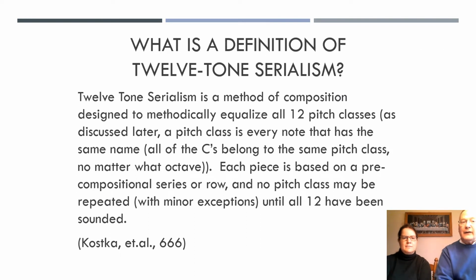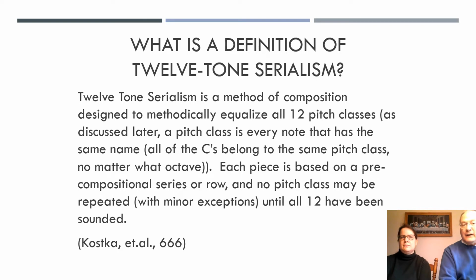So, what is the definition of 12-tone serialism? As you can see on the slide, 12-tone serialism is a method of composition designed to methodically equalize all 12 pitch classes. Just very briefly, a pitch class is every note that has the same name. For instance, all C's belong to the C pitch class, no matter what octave.